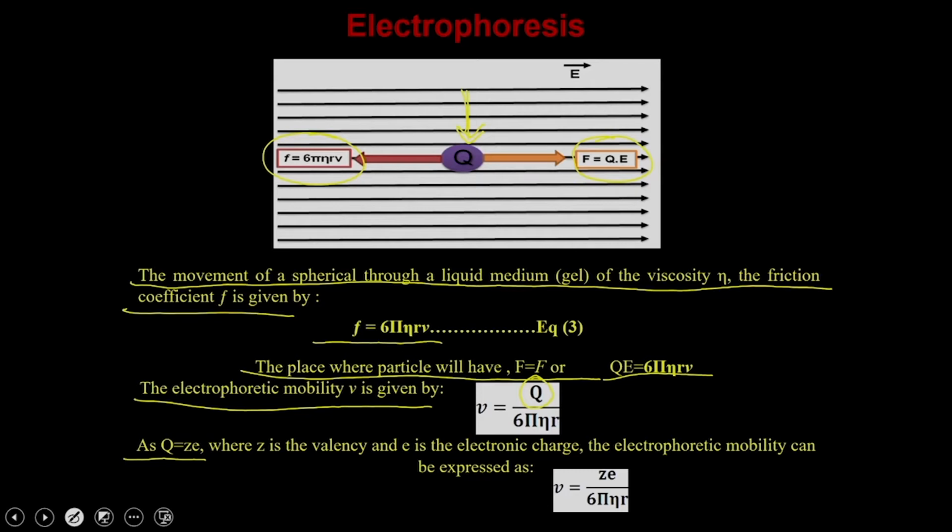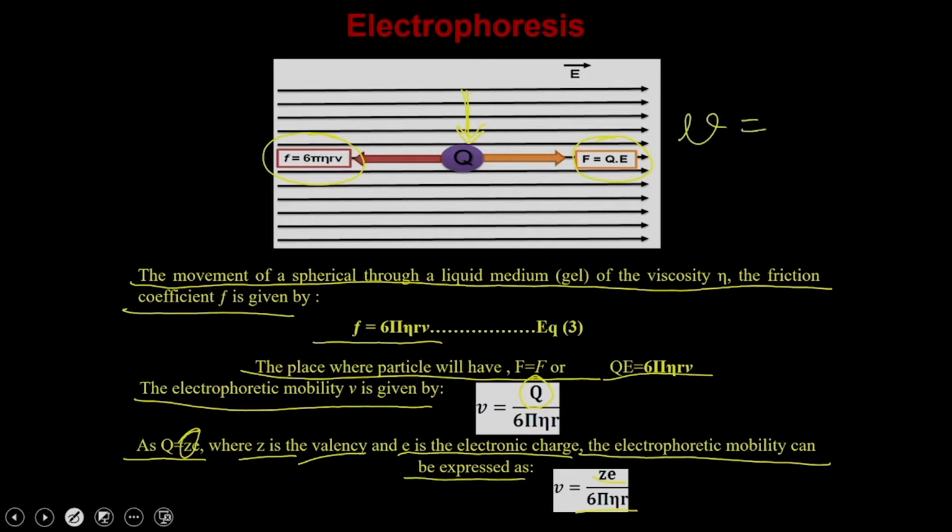If the molecule is made up of biomolecules, you can calculate the charge by multiplying the valency Z and the electronic charge E. So the electrophoretic mobility can be expressed as ZE by 6 pi eta r.